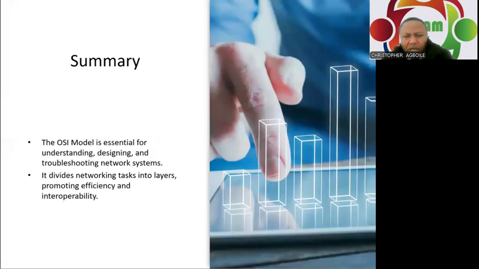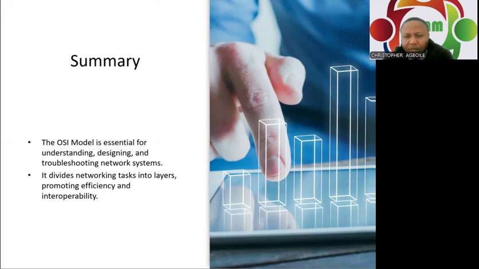So, in summary, the OSI model is modular, and it is used to identify network issues. The OSI model is used to compartmentalize, or modularize, the communication systems.